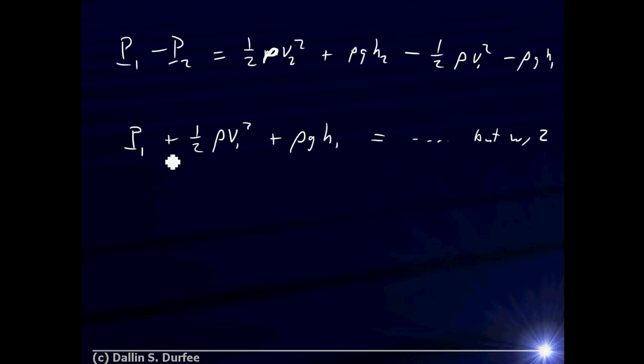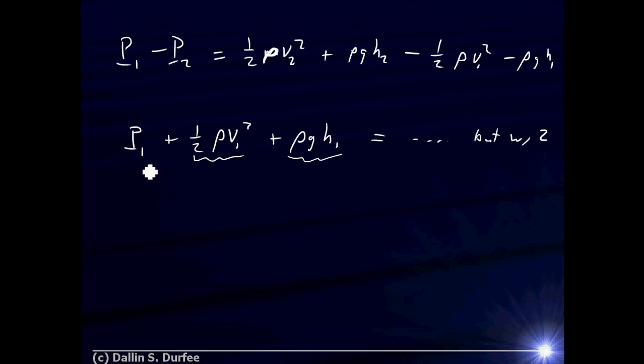So what that means is, this right here, that is the kinetic energy of the fluid per unit volume at side 1. And this is the gravitational potential energy per unit volume at side 1. All right? So these are just energies per unit volume. Pressure, turns out, has units of energy per unit volume. That's another way to think of its units.